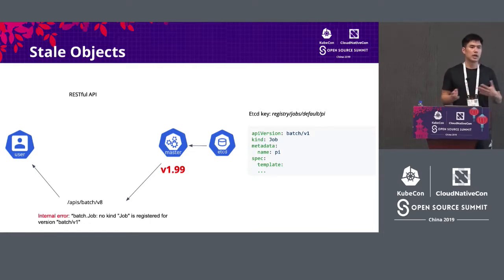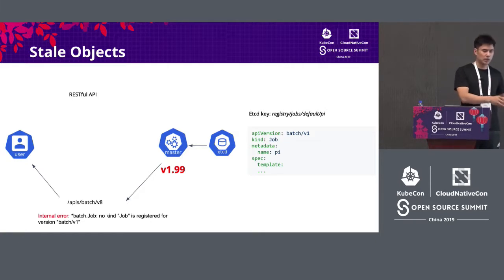This is actually what happened back in the story. The users, the clients, created those jobs, I think in 1.3. At that time, the storage version of jobs was extensions v1beta1. Because they actually don't need those jobs, they are deprecated, they never delete or update those things.